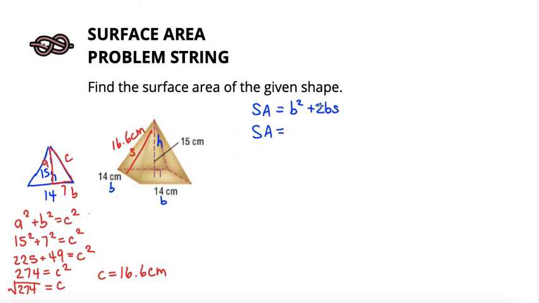So I'm calculating the area of my triangles, which is base times the slant height. And usually the triangle is divided by 2, but because I have 4 of them, it just becomes 2bs. So I'm going to substitute in my values for b and s. So I have 14 squared plus 2 times 14 times 16.6.